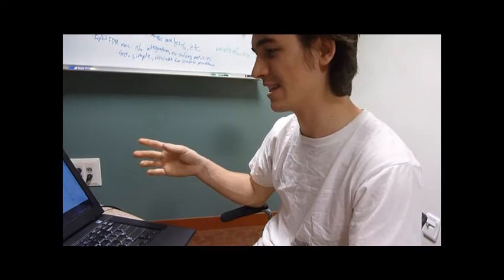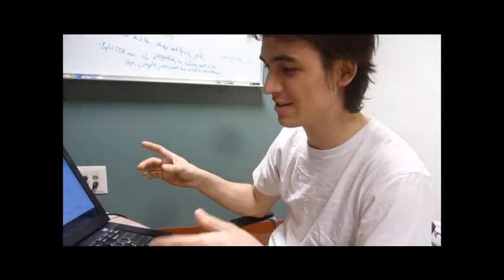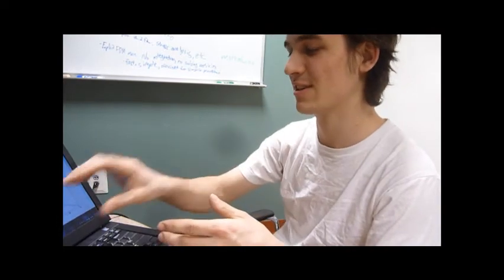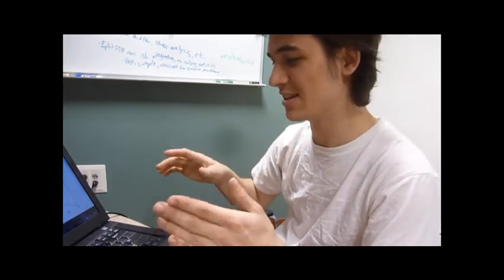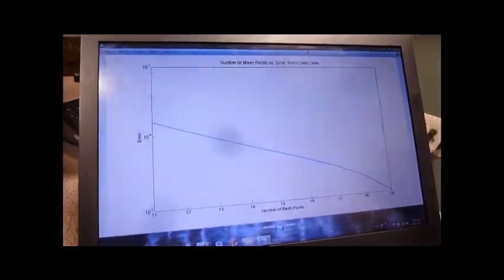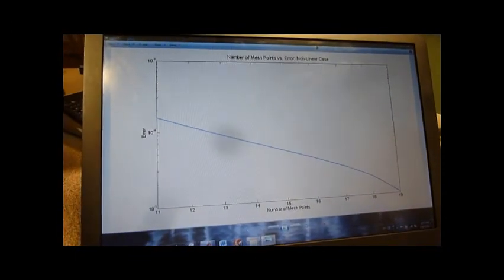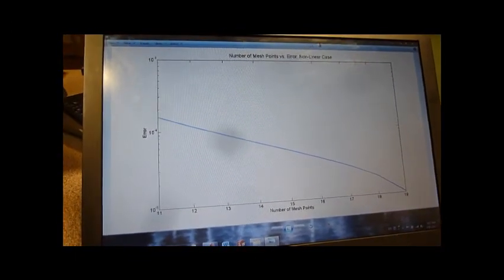The reason we took the integral was because they each had a different number of points, and they're very difficult to compare that way. Taking the integral, you get the area. The area should be the same if they have the same exact answer. So this is really showing the relative error, because it's between two answers with a different mesh. As the number of mesh points goes up, the error goes down. This is a log scale on the left, so it's decreasing quite rapidly with the number of mesh points.